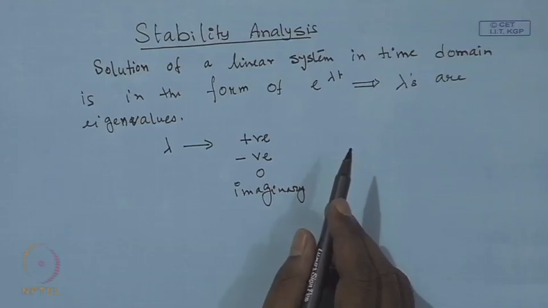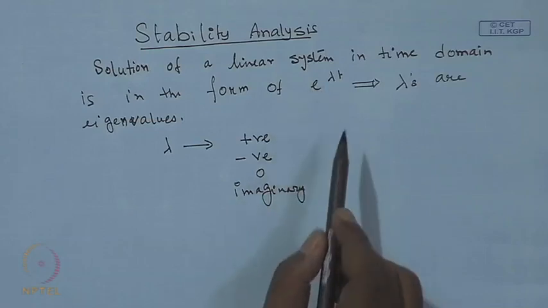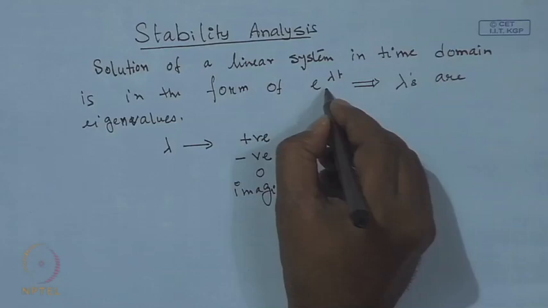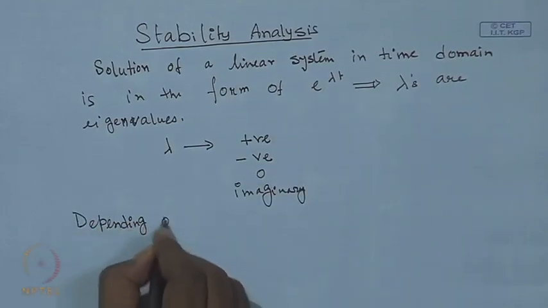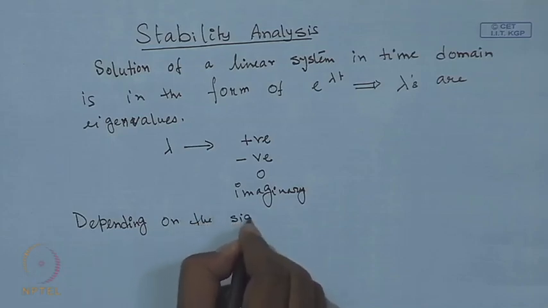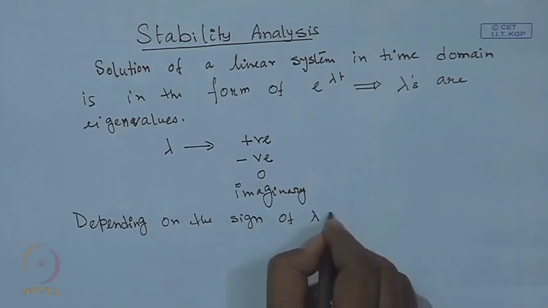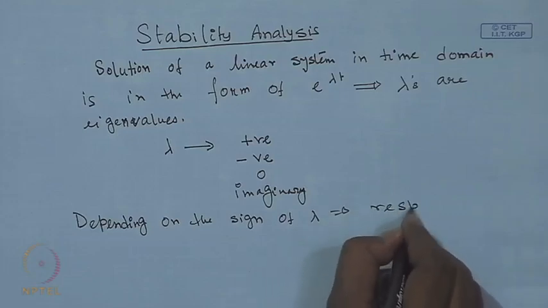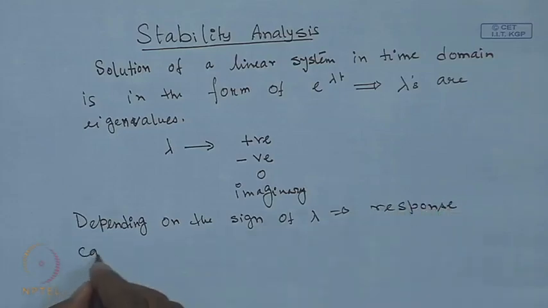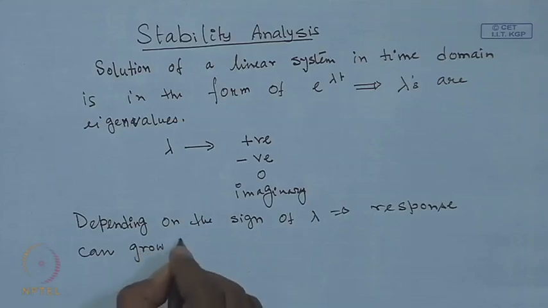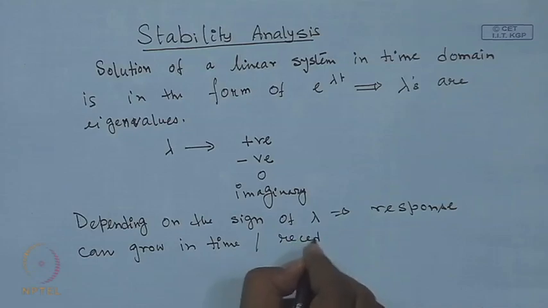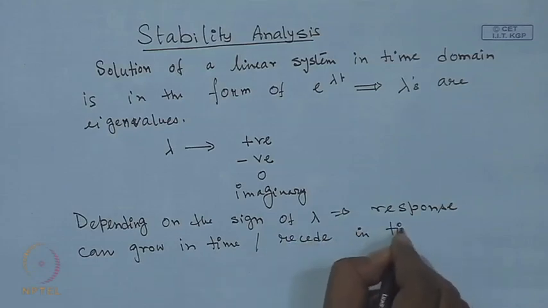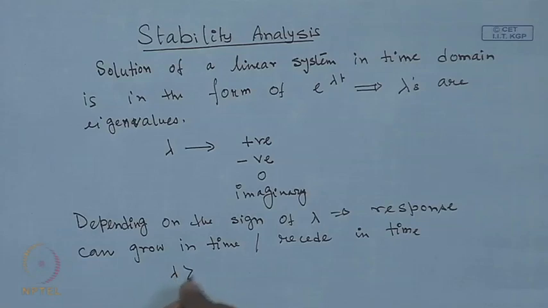Now, we can see in this problem that, depending on the sign of lambda, the response can grow in time or recede in time. That means, if lambda is positive, then e to the power lambda t is an ever increasing function.